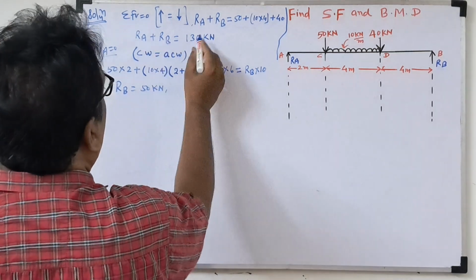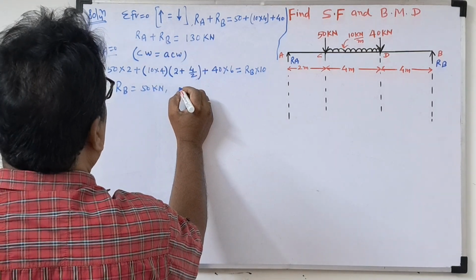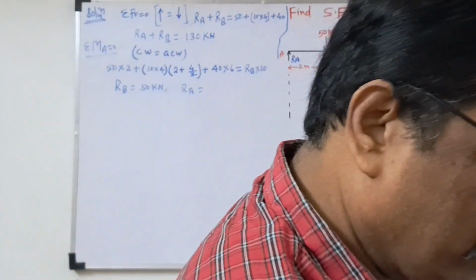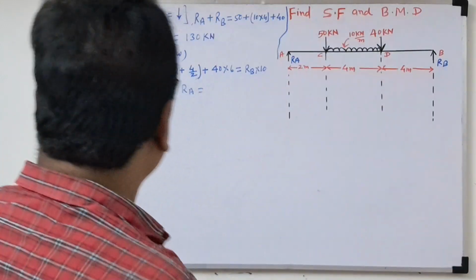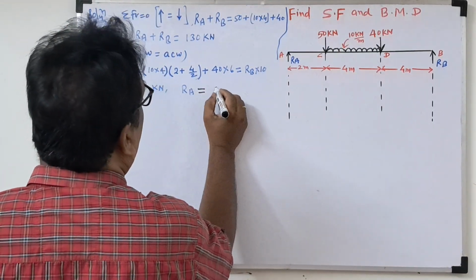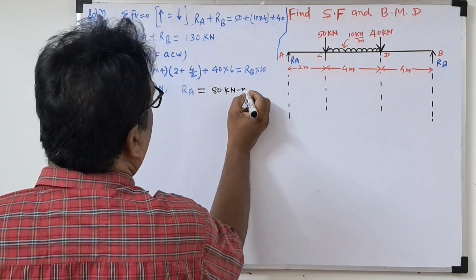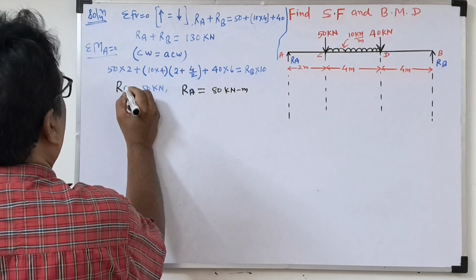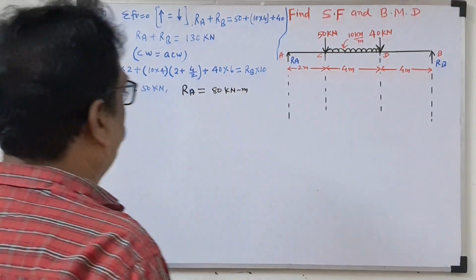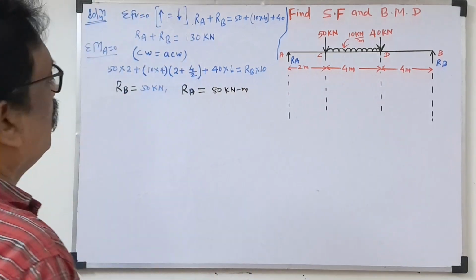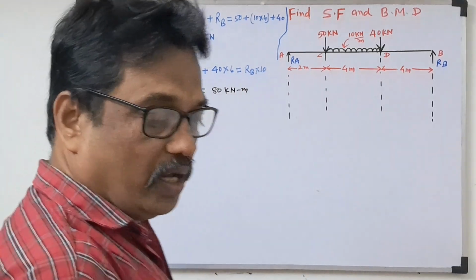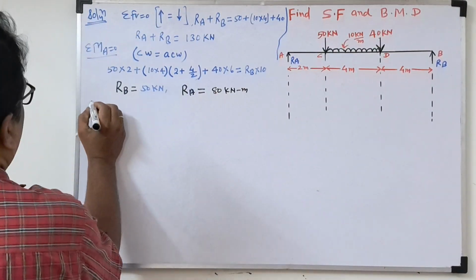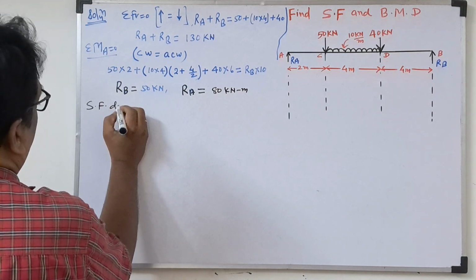Now you substitute RB here: 130 minus 50, so RA will come 80 kilonewton. So this is RA, and this is RB, we know both now. RA and RB are 80 and 50. Okay, now we'll go to the shear force diagram calculations.